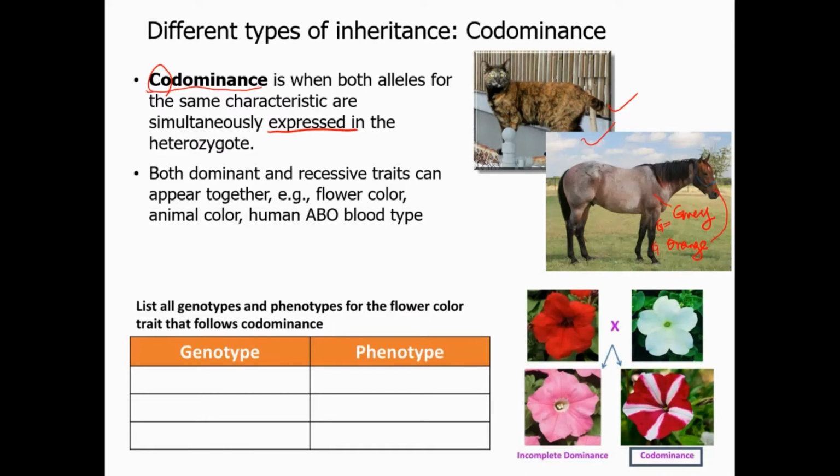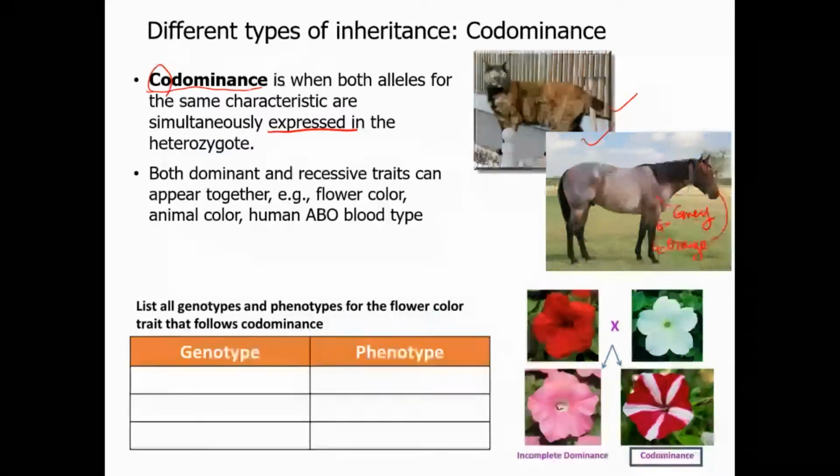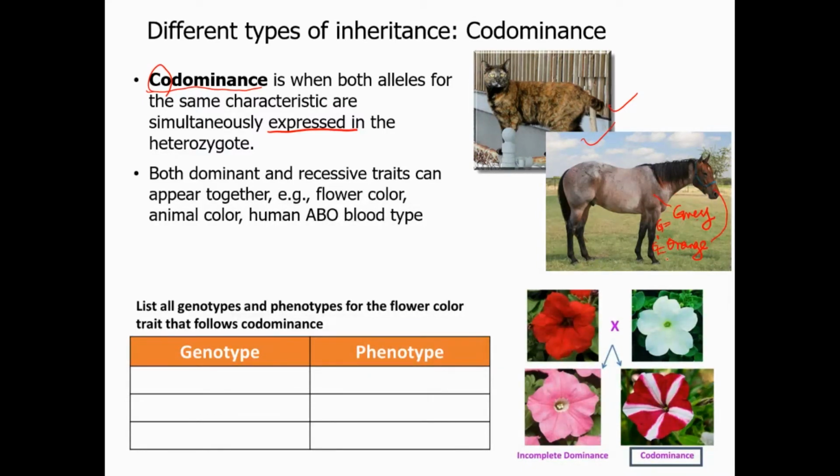Let's not use little g because this is not recessive. Okay? So little g for orange. So this horse, because it has both traits shown at the same time, so we know that this horse is going to be G G prime, right? Because it has both colors.